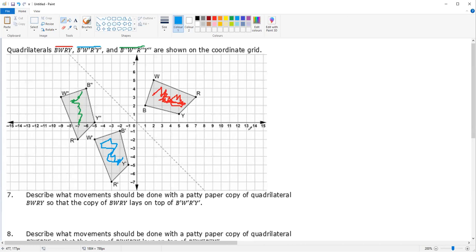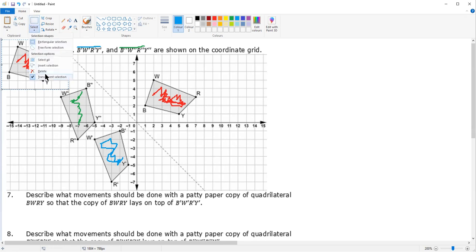That looks like a rotation. Describe the movements that should be done with patty paper. Copy the quadrilateral so that it lays on top. Okay, well, I don't have patty paper, but I can copy and paste stuff. So let me grab my select button and copy and paste this thing like it's going to be on patty paper. Make it transparent again.